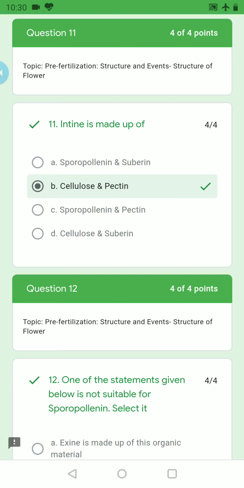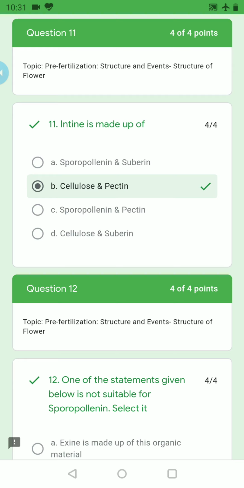The question is about the composition of the intine. While we were discussing the structure of the mature pollen grain, I told you it has two wall layers, the outer exine and the inner intine, right? The outer exine is made up of sporopollenin, isn't it?